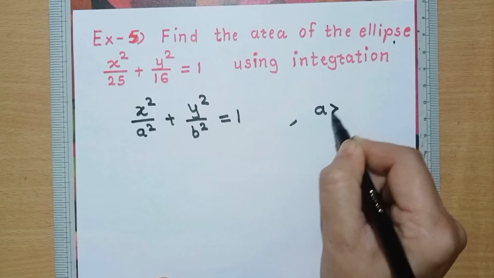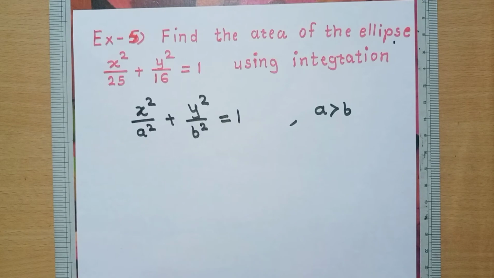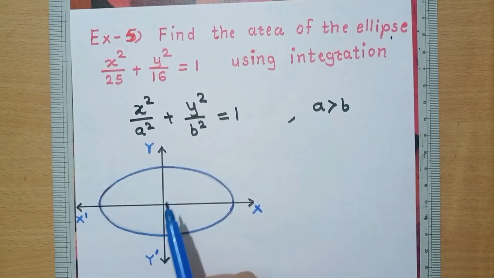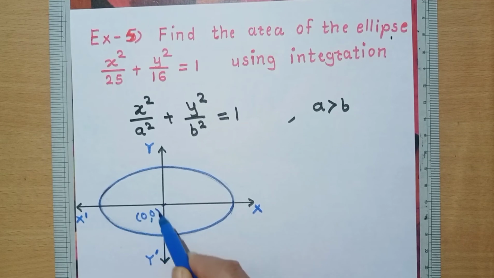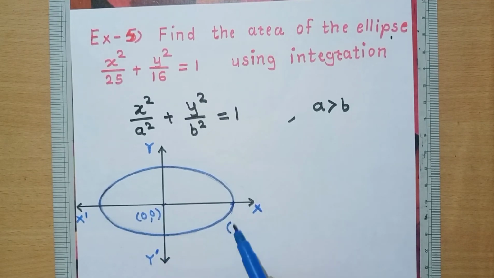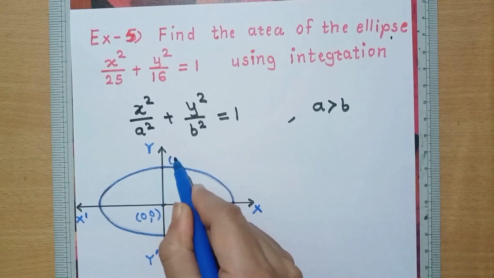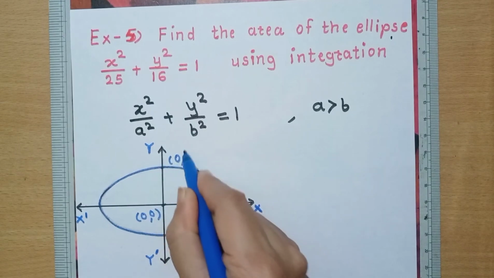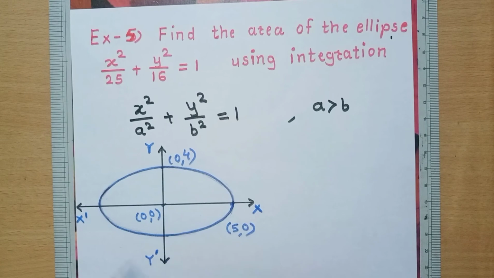That means a is greater than b. So the required ellipse is, so this is the ellipse. Its center lies on origin. This point is a, 0, a means 5, 0, and this point is 0, 4, and we have to find out the area of the ellipse.